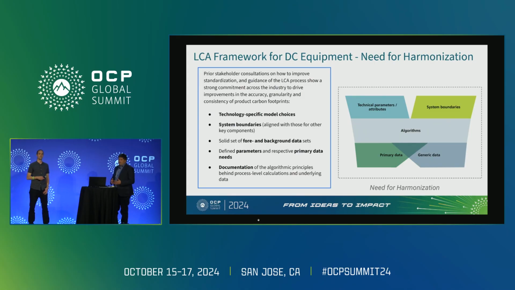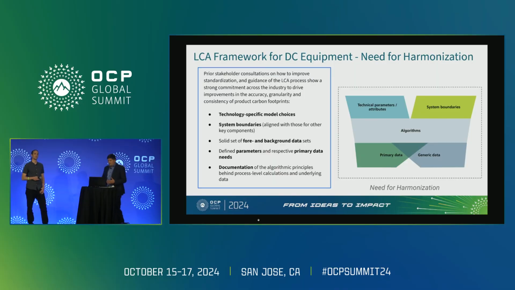We do need to align on the system boundaries of what we consider in scope, from everything like key commodities to the rack level and supporting infrastructure. And we also need clear alignment on foreground and background data sets that we plug into our models.